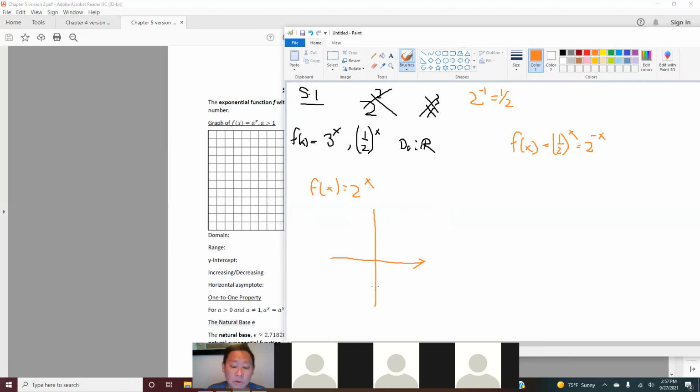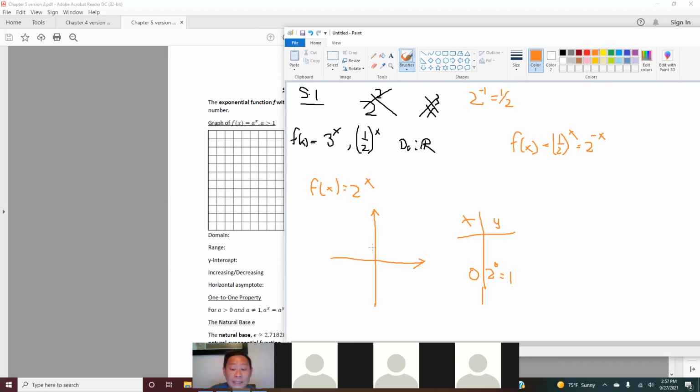If you don't know how to draw this graph, we just do the table form, plugging in numbers. Usually we plug in 0, 1, 2, 3. So what happens when you plug 0 in here? Does anyone know what 2 to the power of 0 is? This is 1.